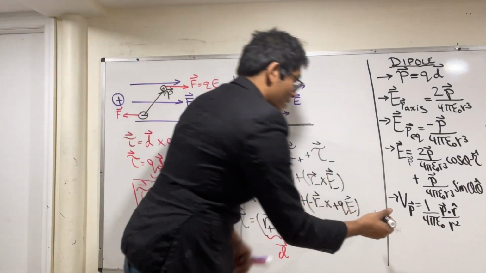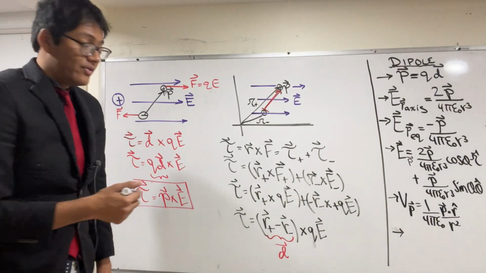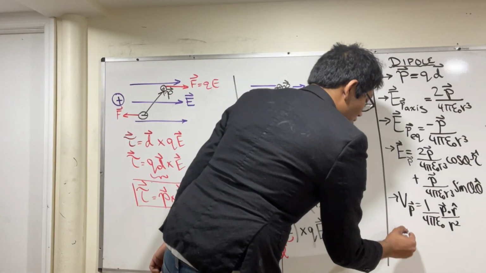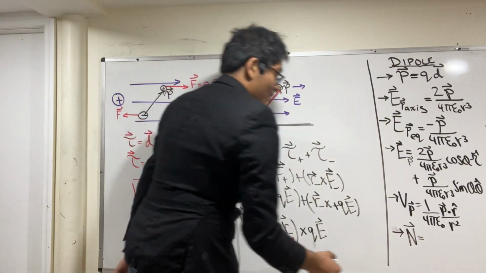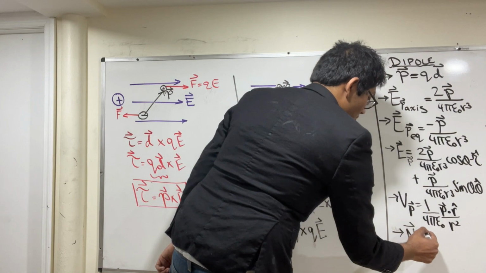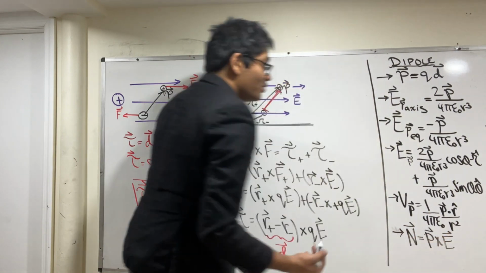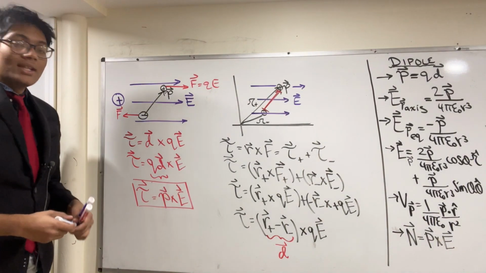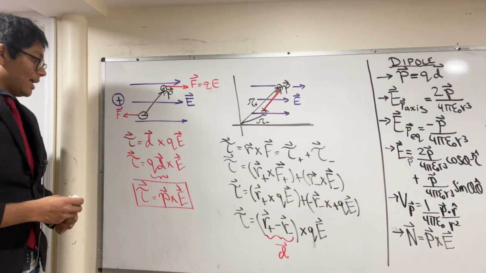So let's write that down. Yet another accomplishment, another discovery to add to our results. The torque, which I will write nicely as τ, is going to be p, the dipole moment, crossed into your electric field. And in a uniform electric field, of course, there will be no net force on our electric dipole.